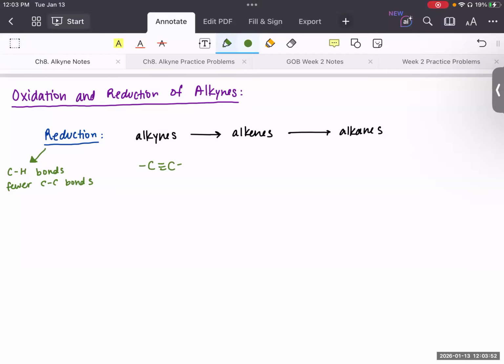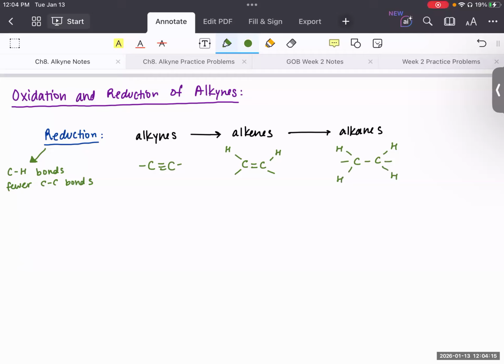If we reduce an alkyne to an alkene, then we're adding a hydrogen to each of those carbons. And then if we reduce that alkene further to an alkane, we would get two hydrogens added to each carbon, along with the original bonds.